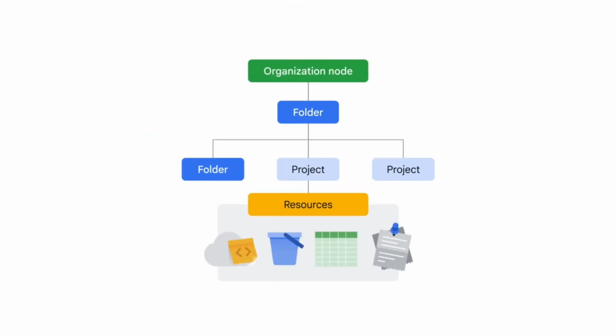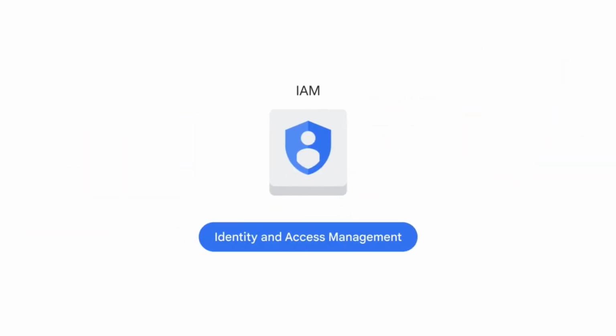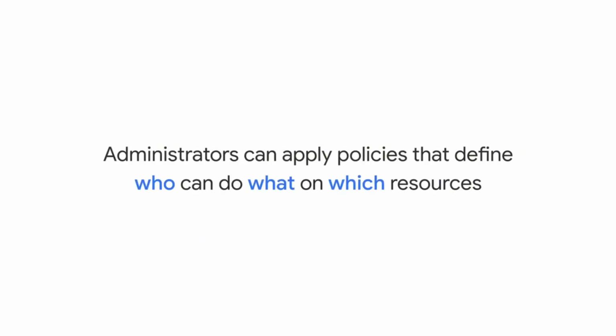And when an organization node contains lots of folders, projects, and resources, a workforce might need to restrict who has access to what. To help with this task, administrators can use Identity and Access Management, or IAM. With IAM, administrators can apply policies that define who can do what and on which resources.